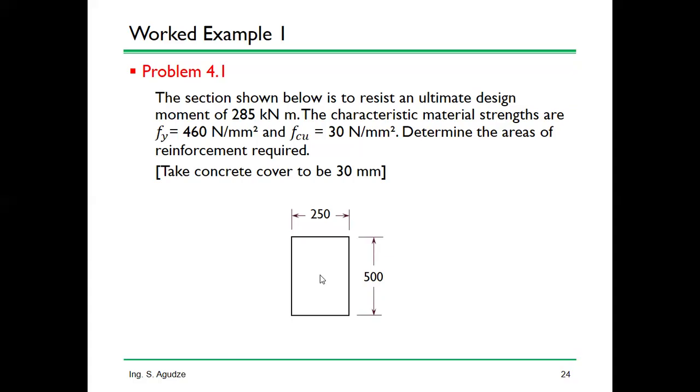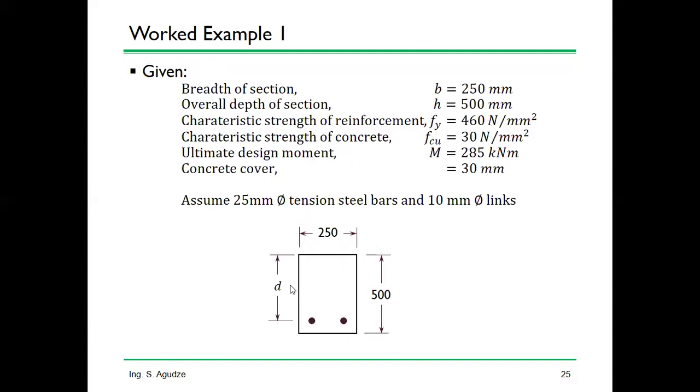Now, as usual, as we get a question like this, the ideal thing is to extract the necessary information from the question and put it down in this manner. So in this example, we are going to assume 25 mm diameter tension steel and 10 mm diameter links. You need this assumption so that you'll be able to calculate your effective depth. Is that right?